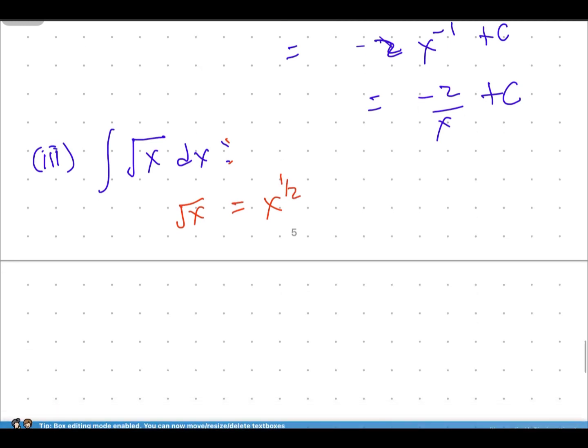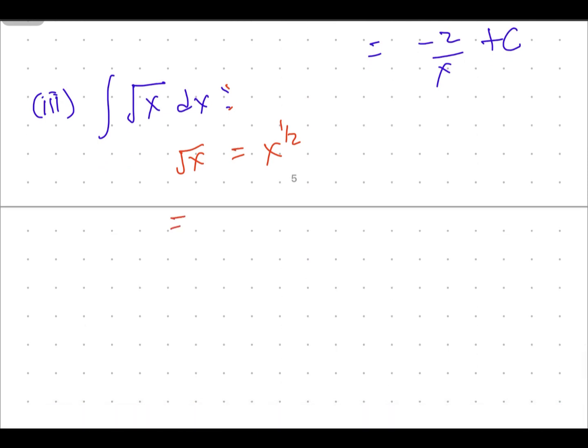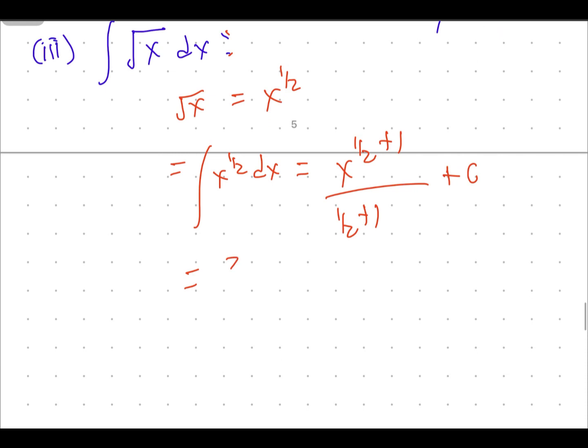So having x to the power 1 over 2 dx will help us do x power 1 over 2 plus 1 over 1 over 2 plus 1, then plus c, and then we further simplify it.